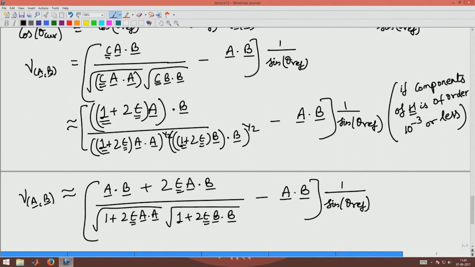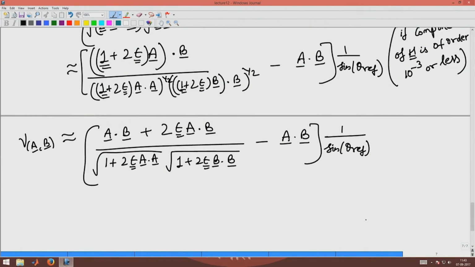Okay. Now, what we can see is this is of order 10 power minus 3, this is of order 10 power minus 3, and this is also of order 10 power minus 3. So, 1 plus a square root of a small number, this entire thing I can approximate as 1, because that is not significant. When I take it to the numerator, it will be again 1 plus a small number, and I am multiplying a small number with a further small number. So, I can approximate this as 1.